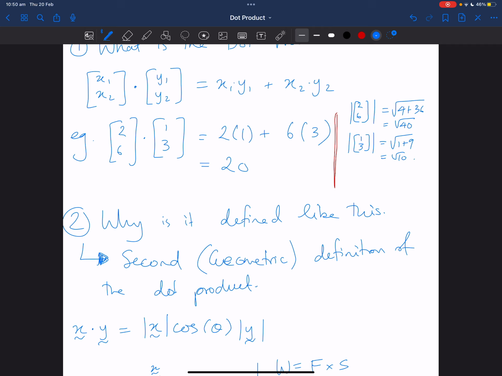And so if you multiply these together, the dot product is equal to root 40 times root 10, which equals root 400, which equals 20. And so really what the dot product is doing in this case is simply multiplying the magnitudes of these two vectors, and that has a very nice and intuitive meaning.